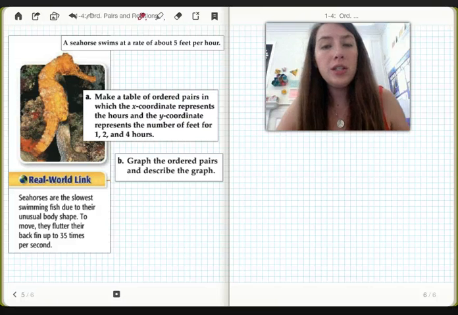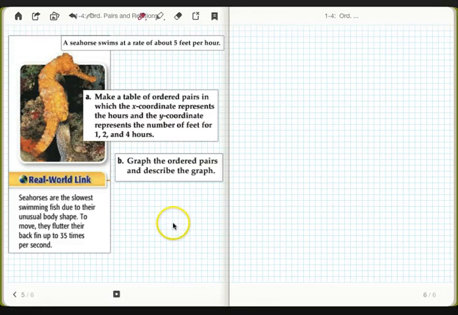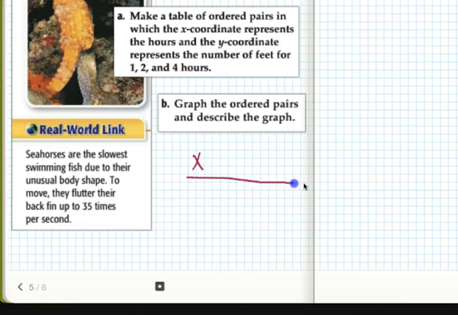So you can just work on lined paper. In your notes, it's okay if everything isn't perfectly aligned. We'll use graph paper in class. But let's go ahead and see what this might look like. So first, we need to make a table. Your table can be horizontal or vertical. I might do this. X typically always goes on top, Y goes below.